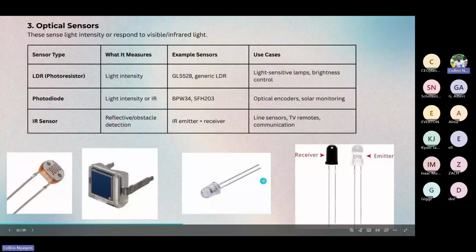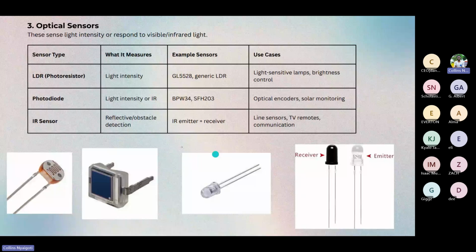This is an IR sensor. These others work with visible light, but this sensor works with infrared. Usually it has the emitter and the receiver. The emitter emits the infrared, and the receiver receives it.